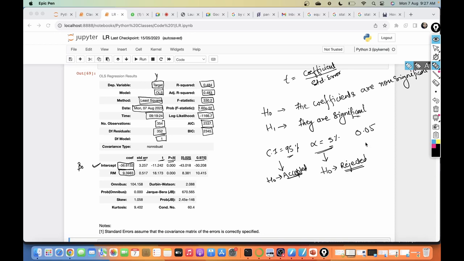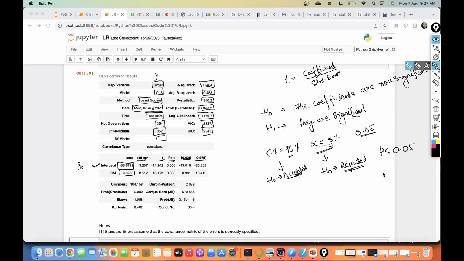It means that if the calculated p value is less than 0.05, it is falling into this significance area.